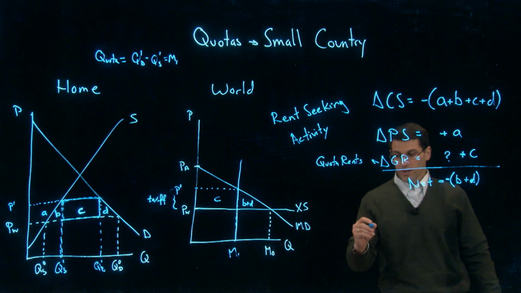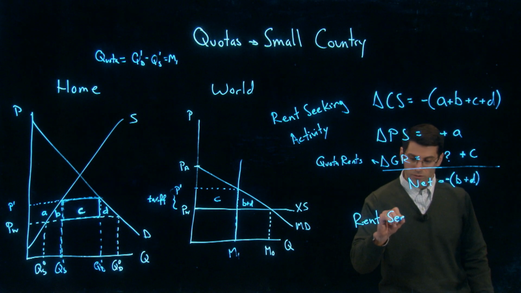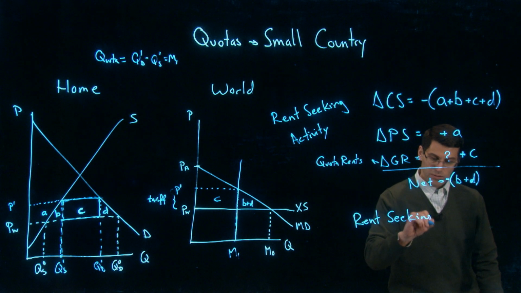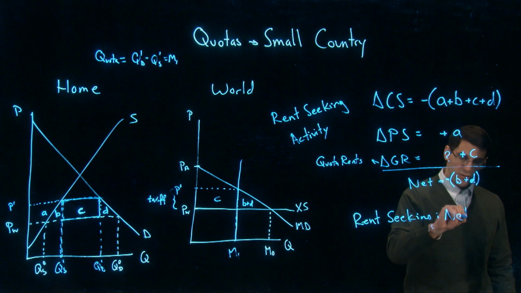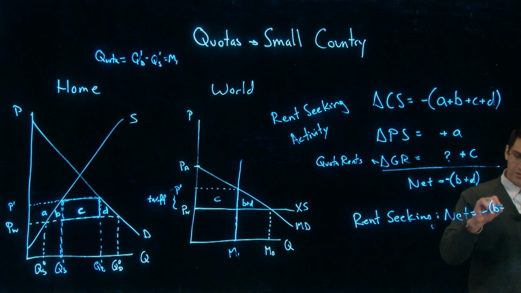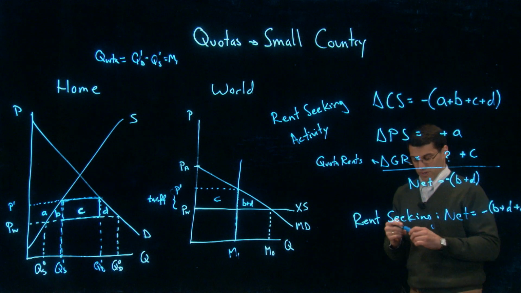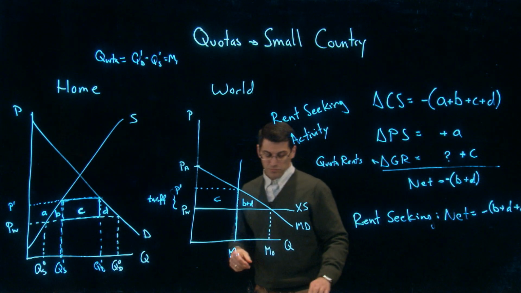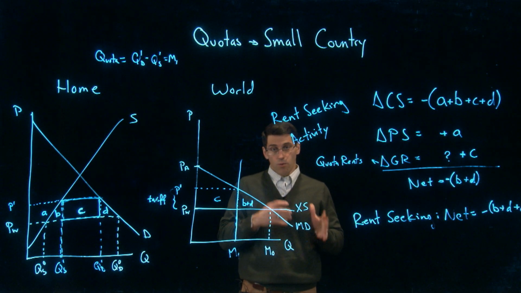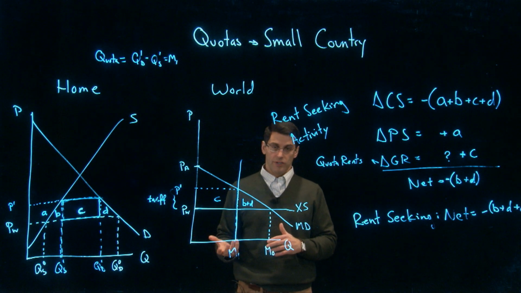And so if you have rent-seeking, the net ends up being B, D, and now C. We end up losing those quota rents through rent-seeking activity. So in that case, the quota is worse from a net welfare perspective than the tariff.